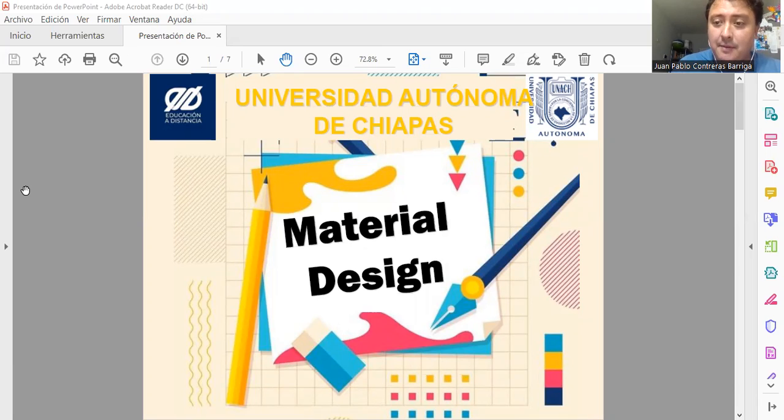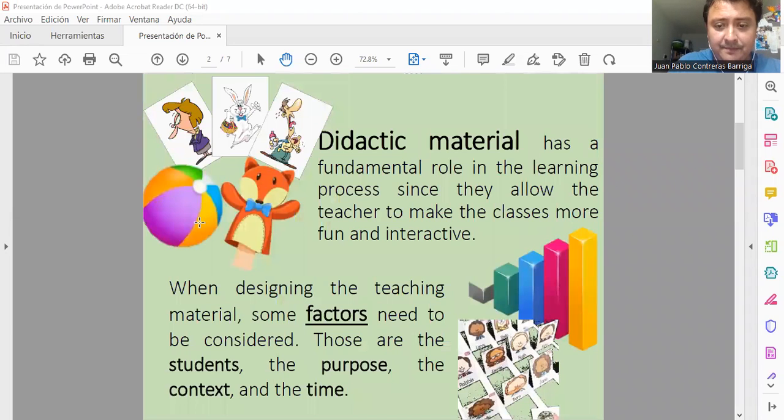And it needs to have a purpose, and many factors need to be taken into consideration. Some of them are the context, the level of the students, their interests, and the learning approach that we are trying to conceive with our students.